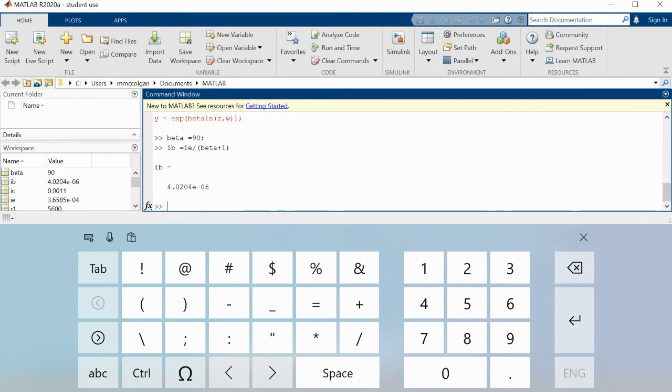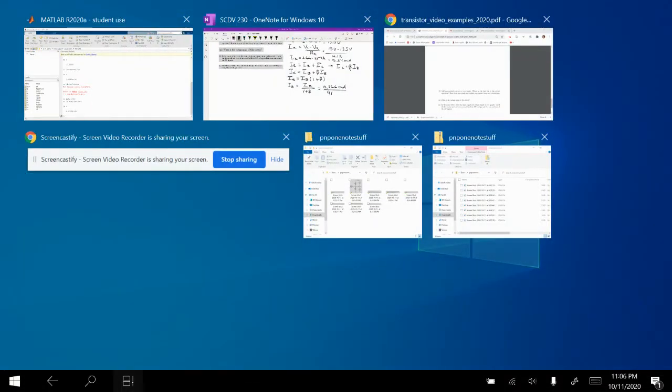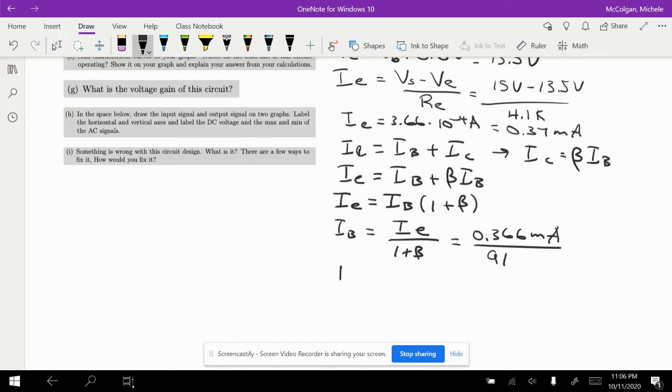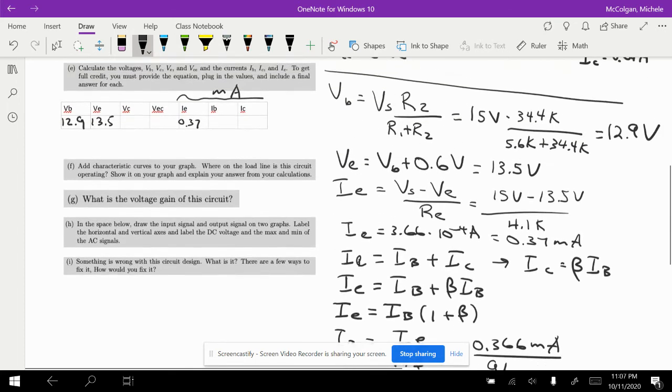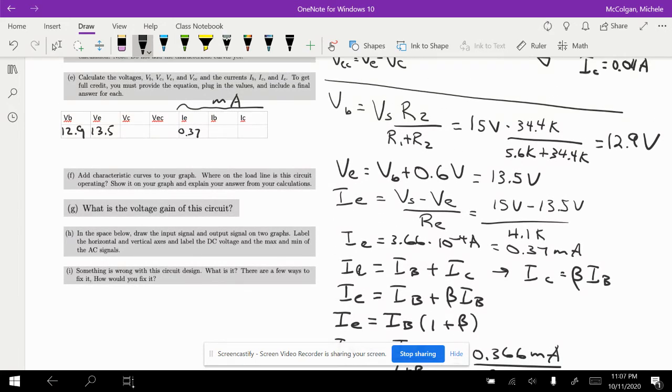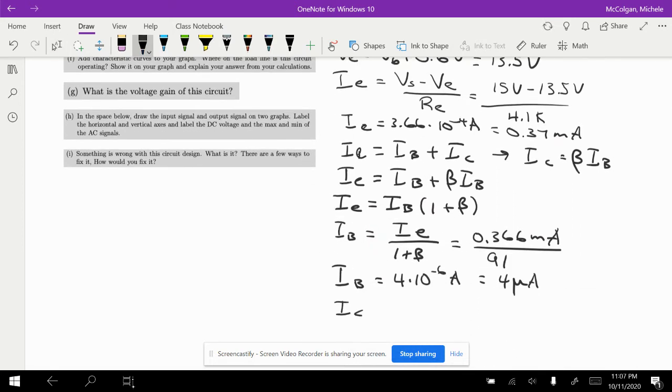So I get around 4 times 10 to the minus 6. So IB is equal to 4 times 10 to the minus 6 amps, or 4 microamps. And that's equal to 0.004 milliamps.